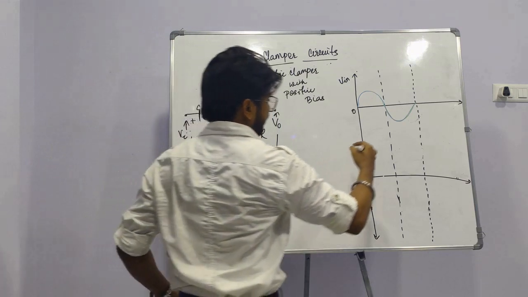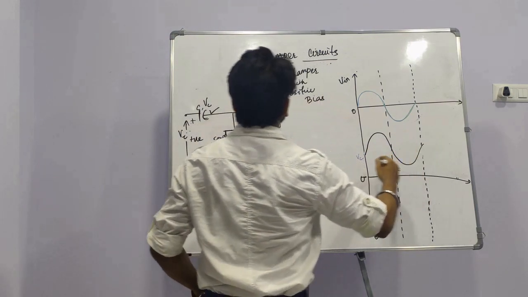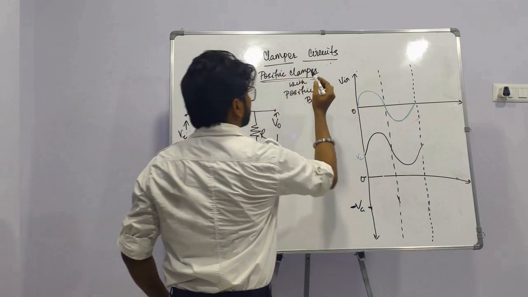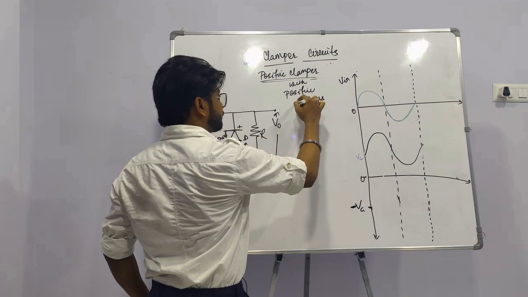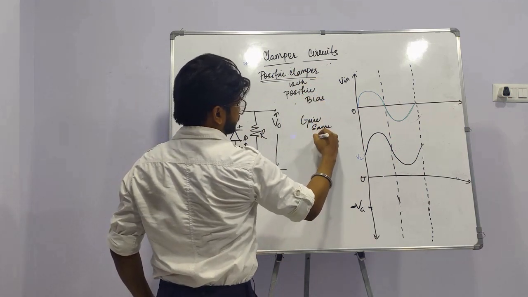Therefore, the voltage we get here is more or less the same output as we got in the positive clamper. So the positive clamper and the positive clamper with positive bias give the same output.